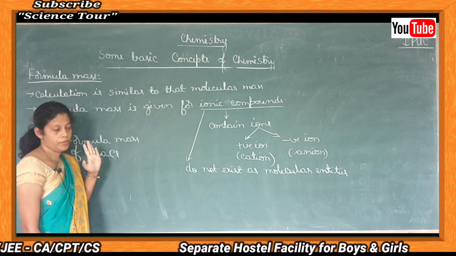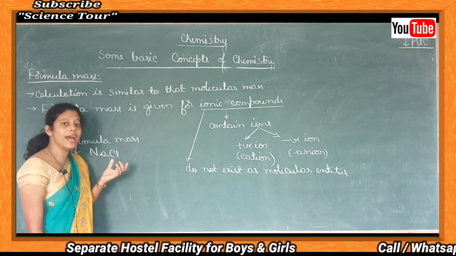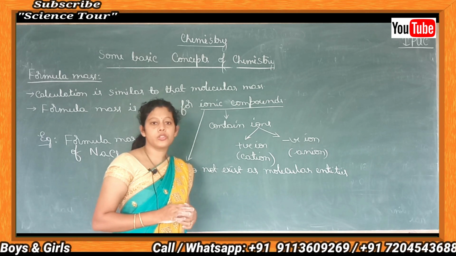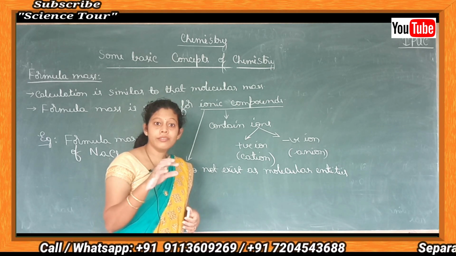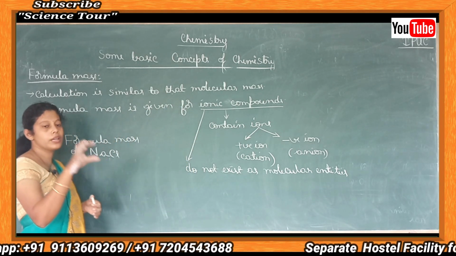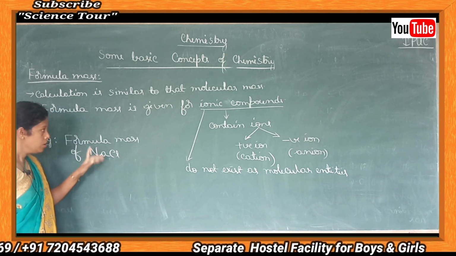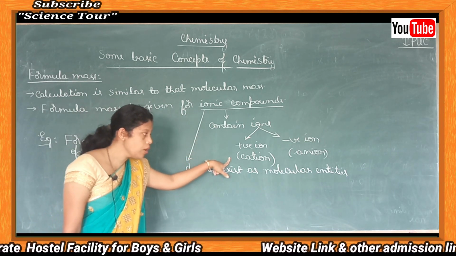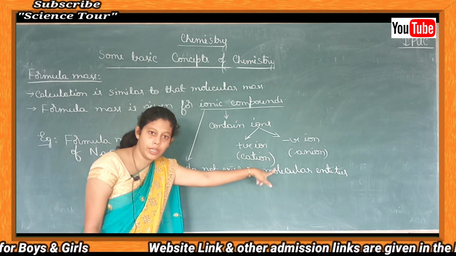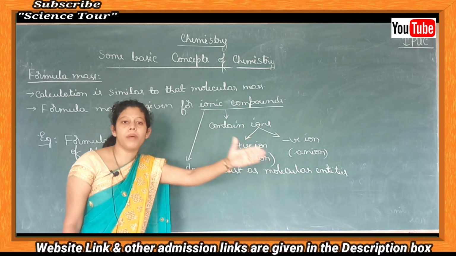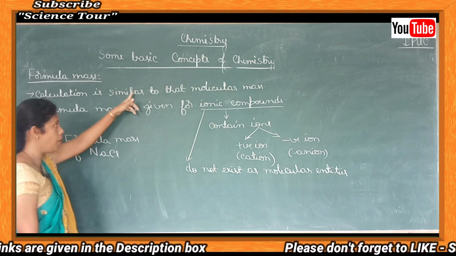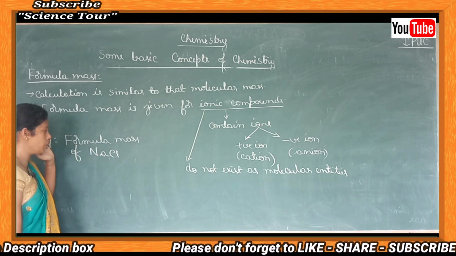These positive and negative ions are arranged in a regular geometrical pattern in 3 dimensions to give a crystal structure. So generally ionic compounds have cations and anions arranged in a regular pattern. For such compounds, the formula mass is given.